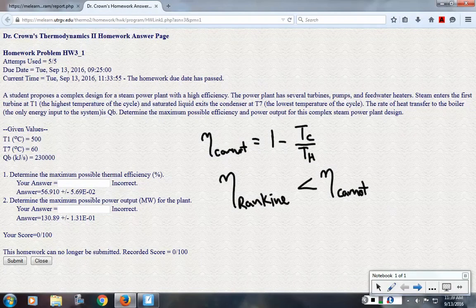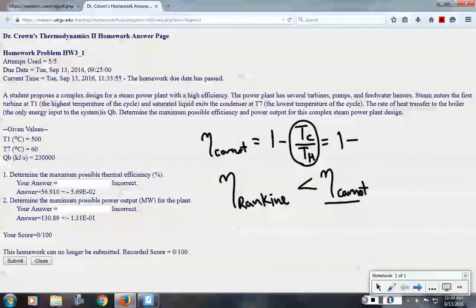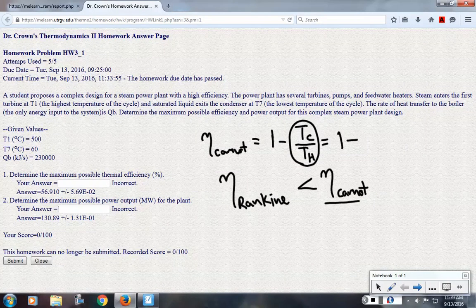But this is better than comparing it to an efficiency of 100%. So we know how good our Rankine power cycle is relative to the best we could possibly do, being a Carnot. In this case, it's fairly simple. 1 minus, and make sure whenever you have a ratio of temperatures, it requires that we use the absolute temperature scale.